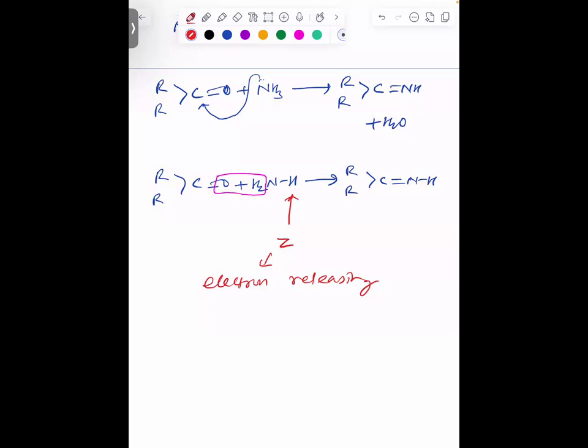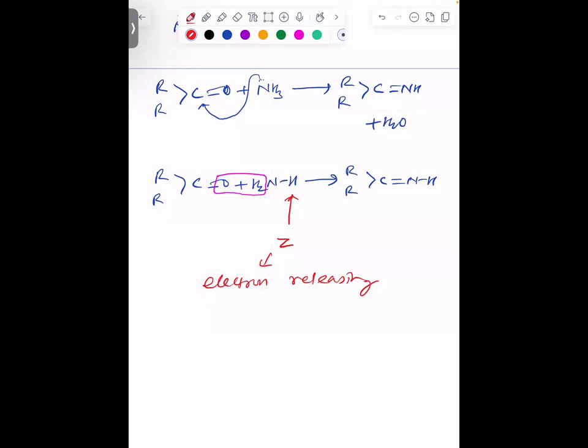So the alpha effect says, if at the adjacent position of the nucleophilic center any electron releasing group is present, then it will increase the nucleophilicity of the nucleophilic center.